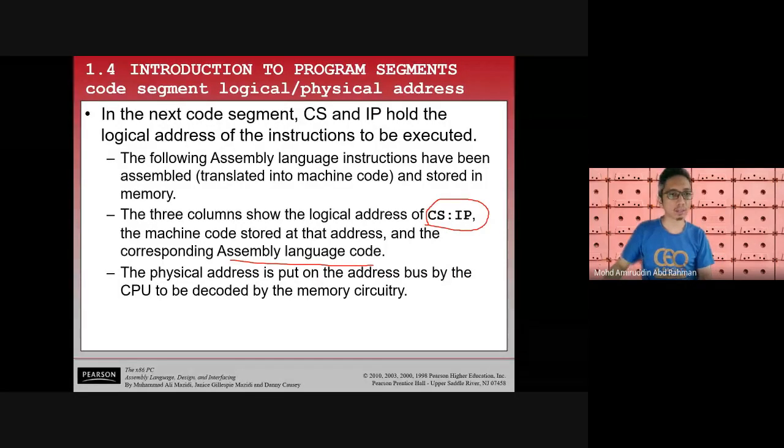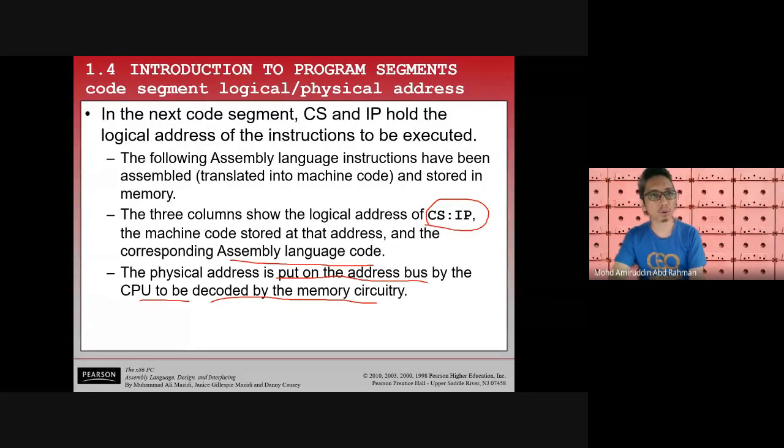The physical address is then put on the address bus by the CPU to be decoded by the memory circuitry.